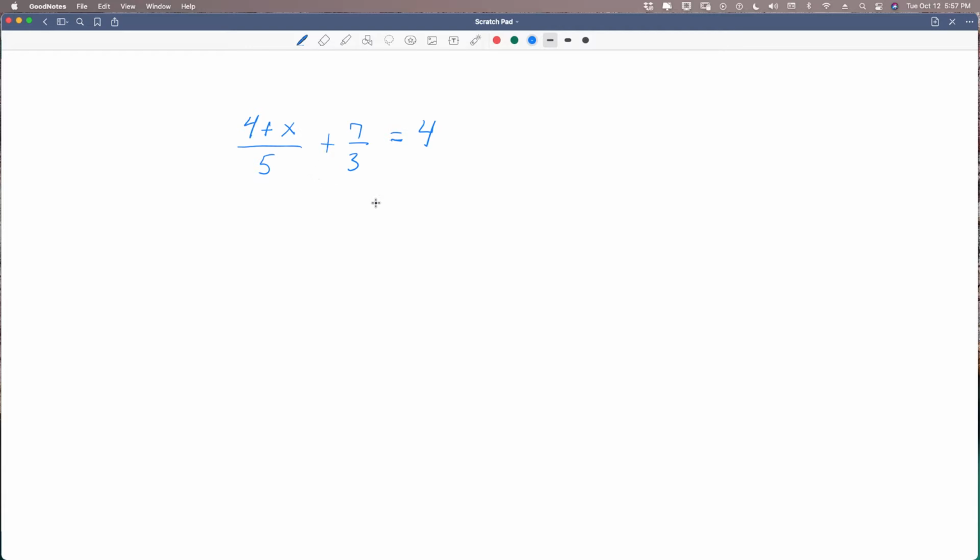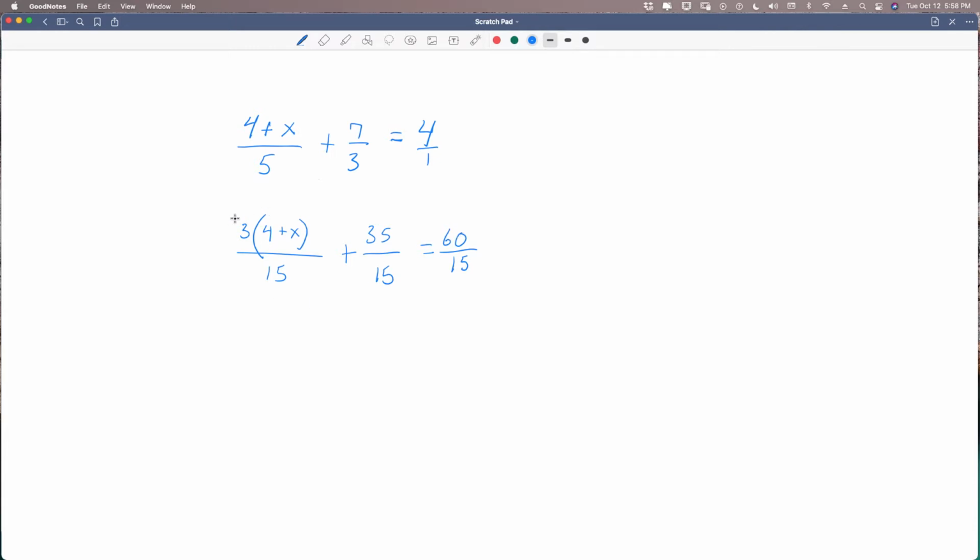So we multiply this times this, so it gives us 3 times 4 plus x over 3 times 5, which is 15, plus 5 times 7, which is 35, 5 times 3 is 15, equals 15 times 4 over 1, so that's going to be 60 over 15, because that equals 4.